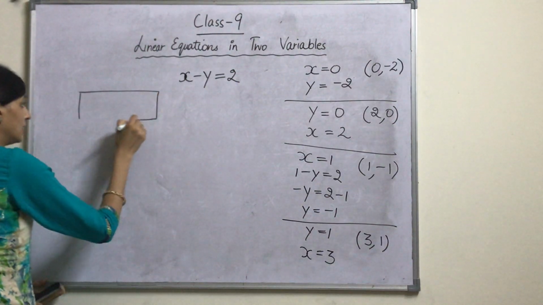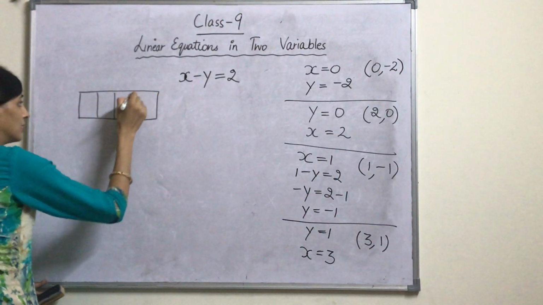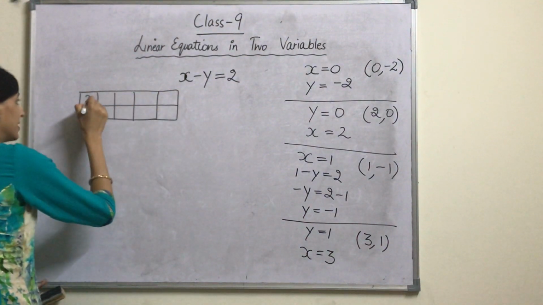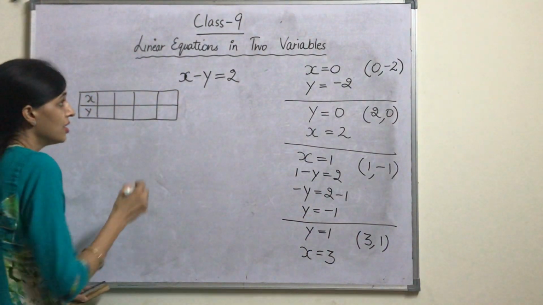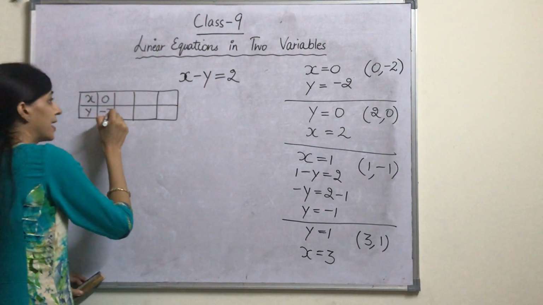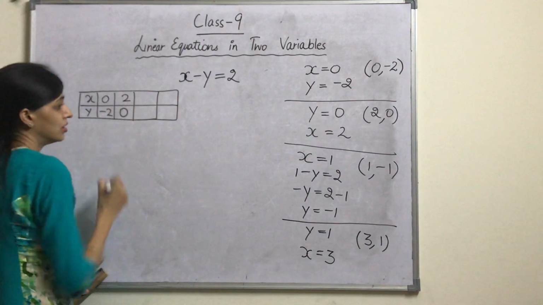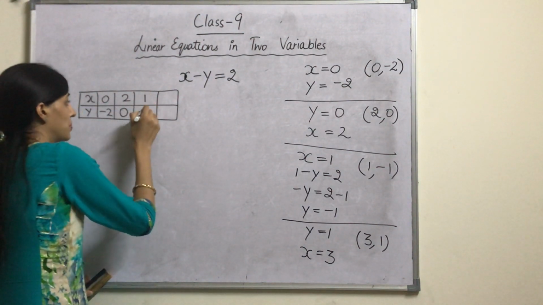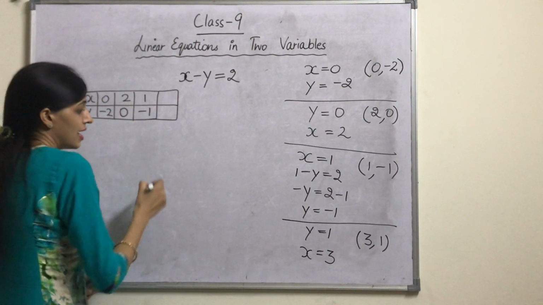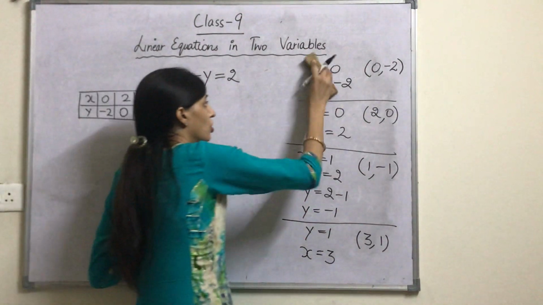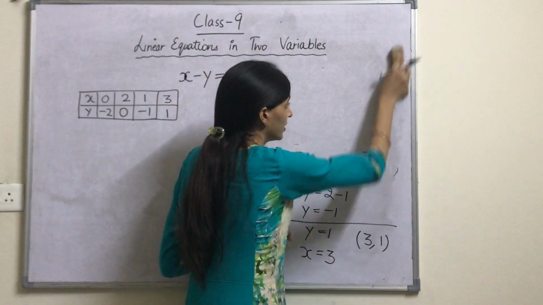Make a table and plot these points. This is x, this is y. When x is 0, y is minus 2. When x is 2, y is 0. When x is 1, y is minus 1. And when x is 3, y is 1. So, in this way, we have got the points.